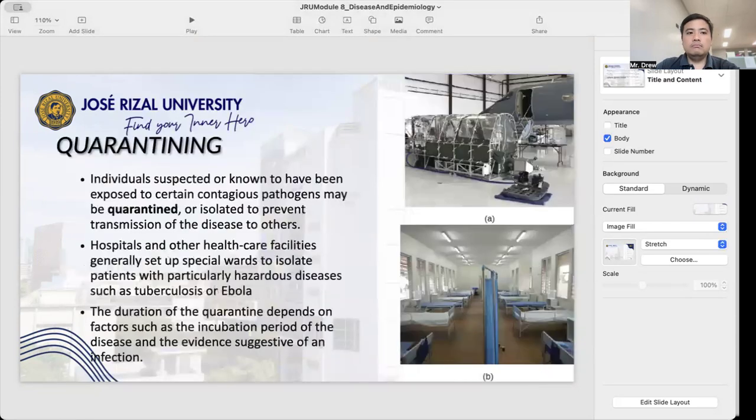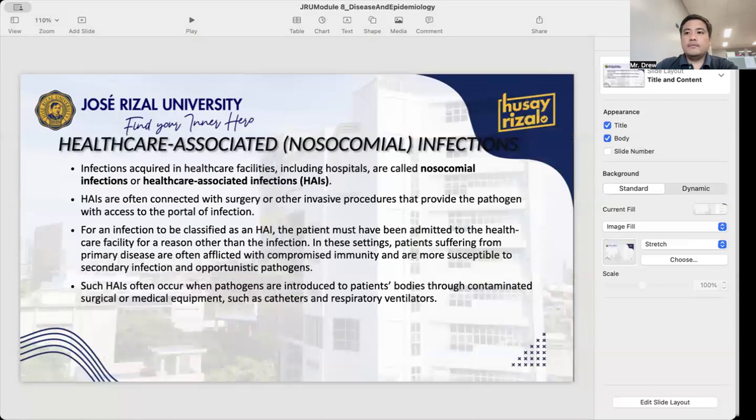Let's go to quarantine. Quarantine is isolation of individuals to prevent disease spread. It is used for highly contagious diseases like tuberculosis or Ebola. Healthcare-associated nosocomial infections.